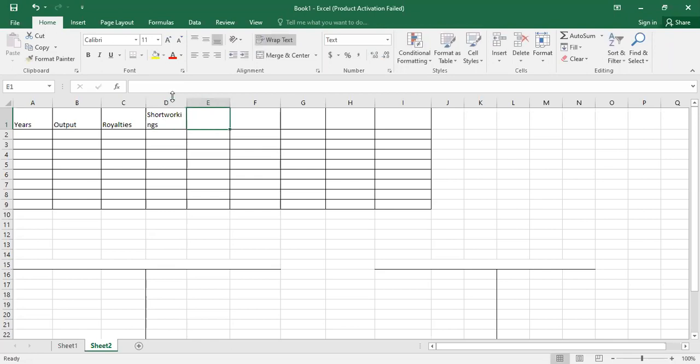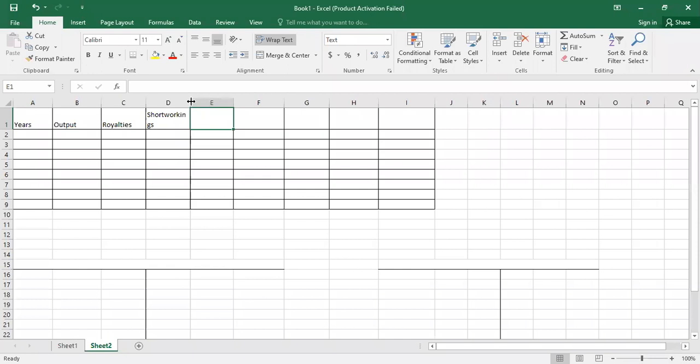Then from the short workings, the other is the surplus or the deficit. So let's look at the surplus, because it is the surplus that we are recouping.